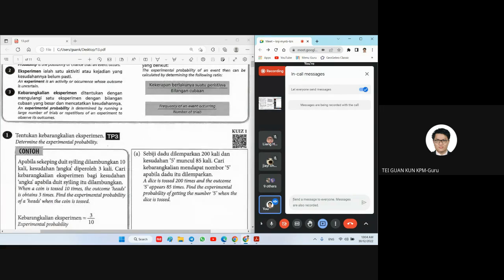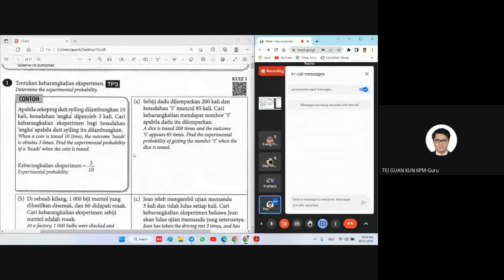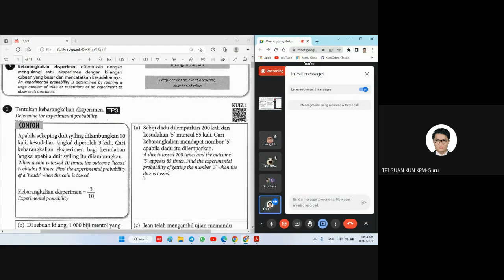Okay, so question 1. Determine the experimental probability. A dice is tossed 200 times, and the outcome 5 appears 85 times. Find the experimental probability of getting the number 5 when the dice is tossed.